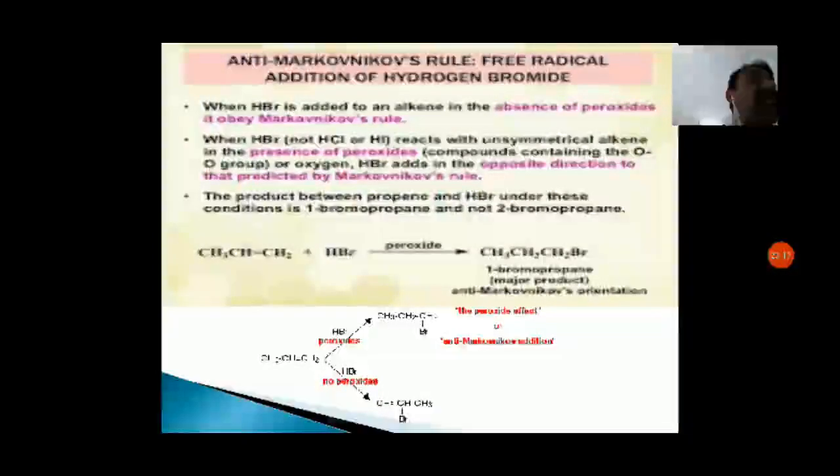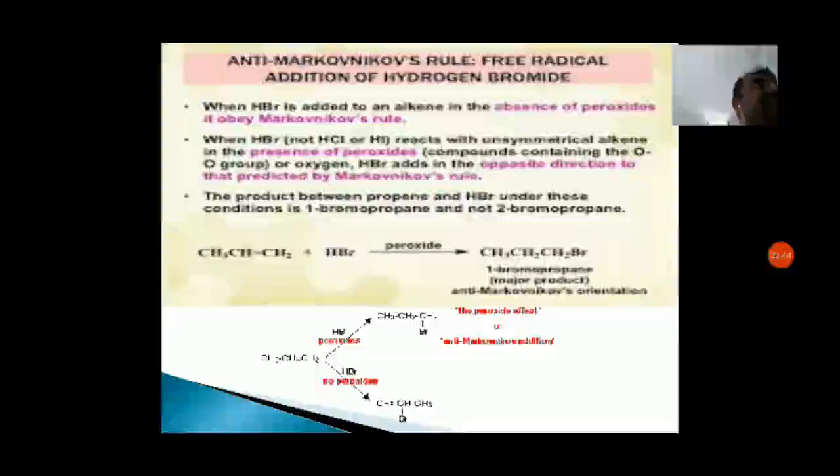So when an asymmetric alkene is added to an asymmetric reagent like HBr or HI, if the reaction is carried out in the presence of peroxide, then the negative part of the reagent goes to that carbon atom which contains a higher number of hydrogen atoms.